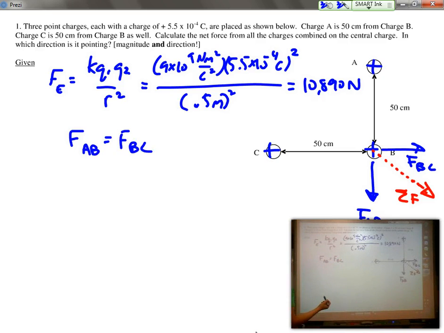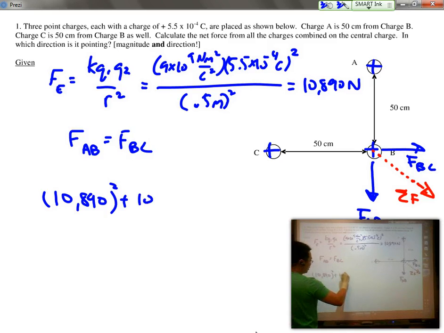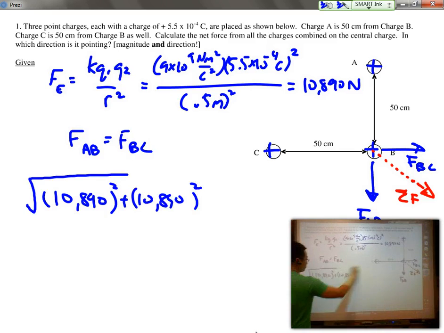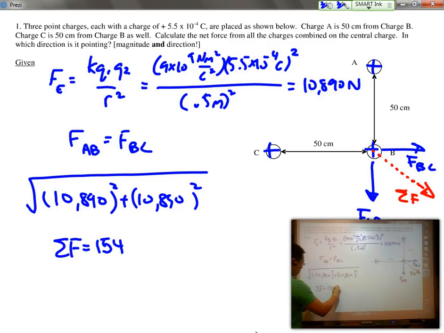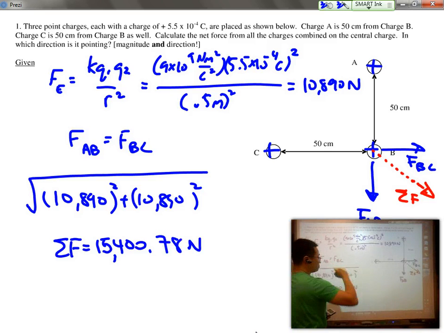now if I do Pythagorean theorem, that means I'll do 10,890 squared plus 10,890 squared and square root that. And you end up with a total force of 15,400.78 newtons.